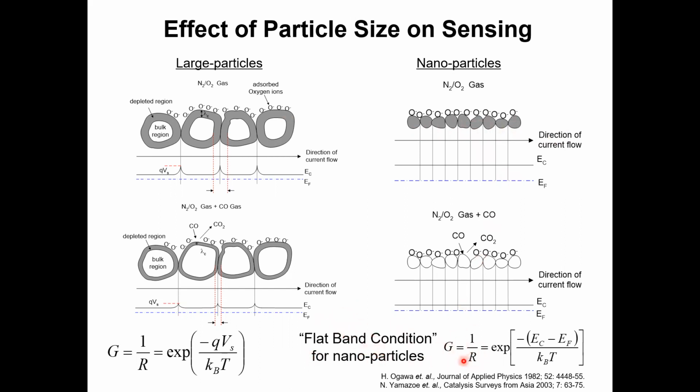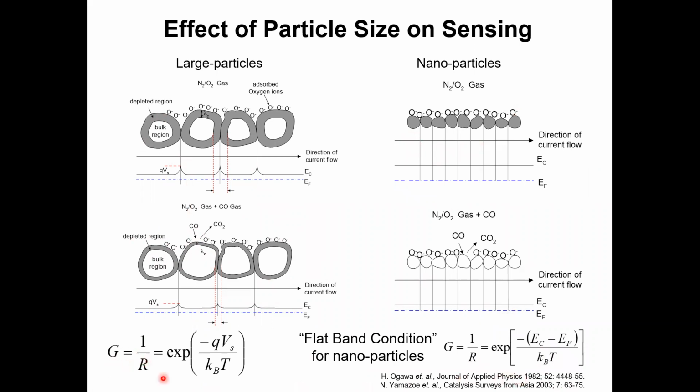In the flat band condition, the sensing will be controlled by the modulation or change in the Fermi energy level with respect to the conduction band energy level. So as you absorb gas, this EC minus EF will change because of the electron density in the conduction band. So the mechanism for the large size particle versus nano size particle is completely different.